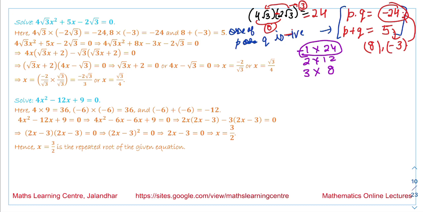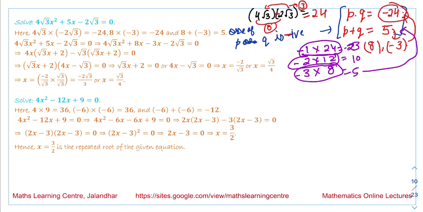For 1 and 24 the sum is 23. If it is minus 2 and 12, the sum will be 10, and when we take minus 3 and 8, the sum will be 5. So this value satisfies these conditions.